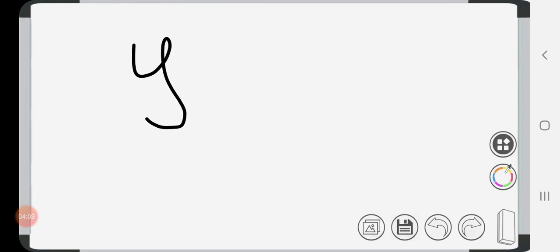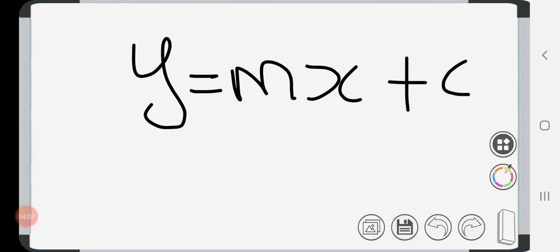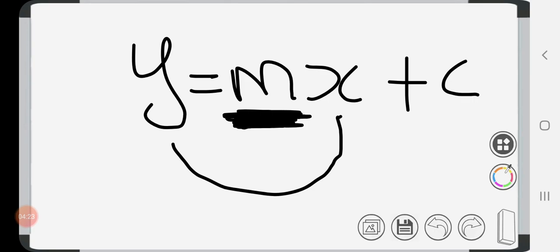Now, all of that in this equation is determined by this number. This is the number that determines how flat or how steep the line is. It also determines the relationship between x and y.